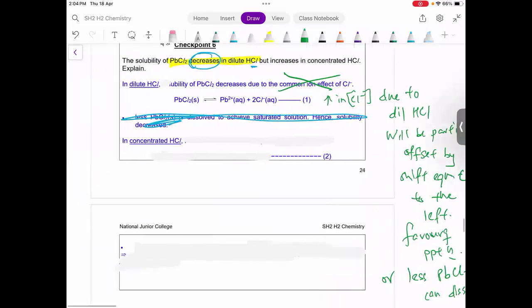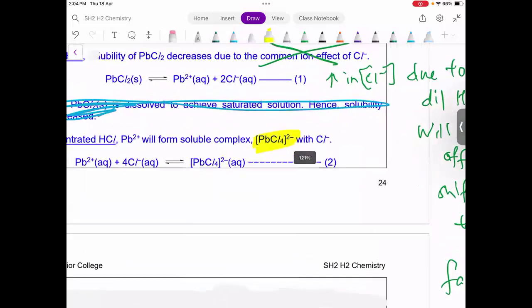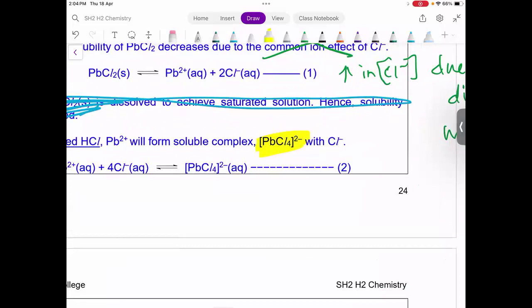Okay, then for the next part, you discover that the solubility increases in concentrated HCl. This means that there's a formation of soluble complex. The soluble complex formed here is this. You are following the same rule: the number of anions attached is twice the charge.